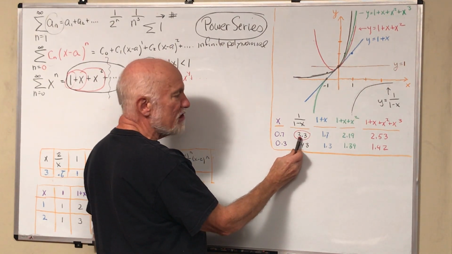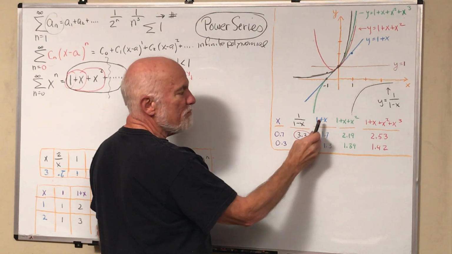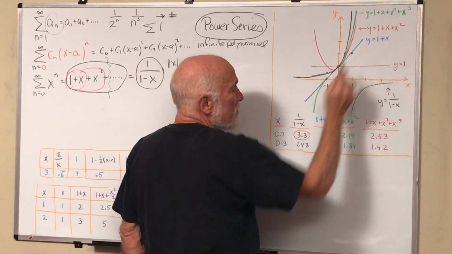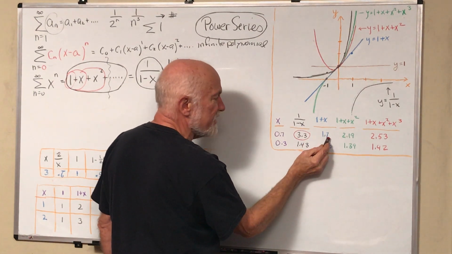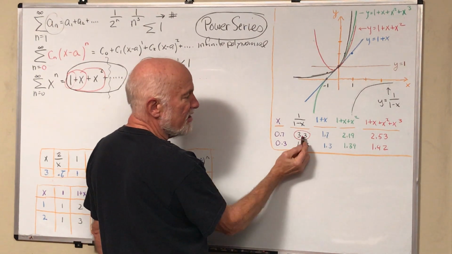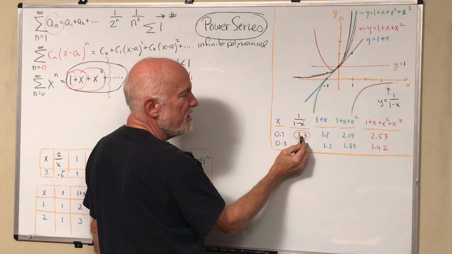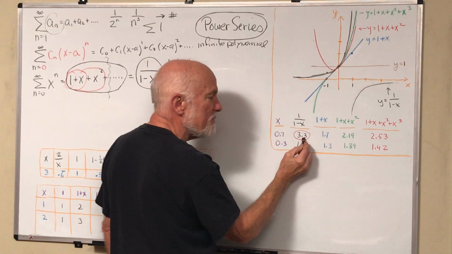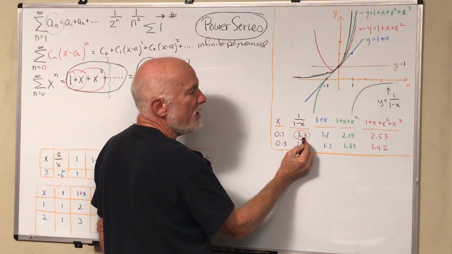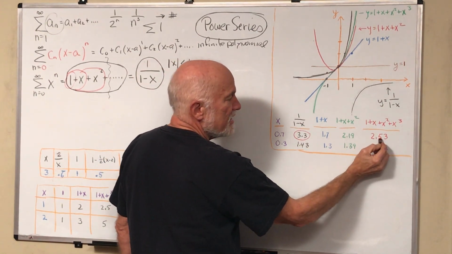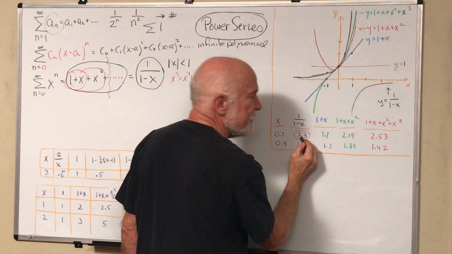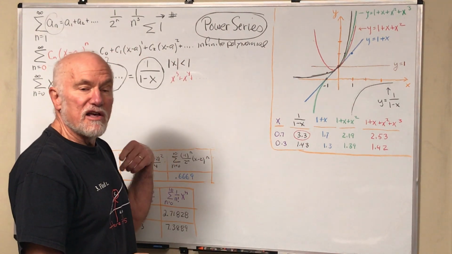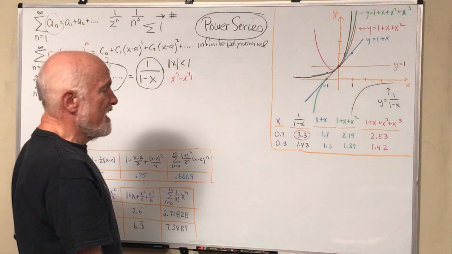Well, 1 isn't very close. If I plug it into this blue line, y equals 1 plus x, I get 1.7. Still, not too close. If I plug it into the parabola, I get 2.19. I'm getting closer. And if I plug it into the cubic, I'm getting closer yet. So that kind of confirms what the graph is saying and what makes sense.